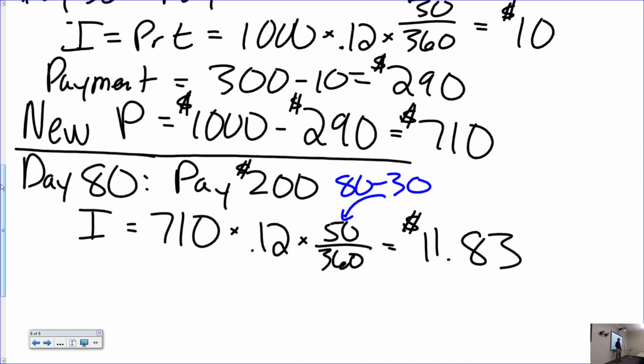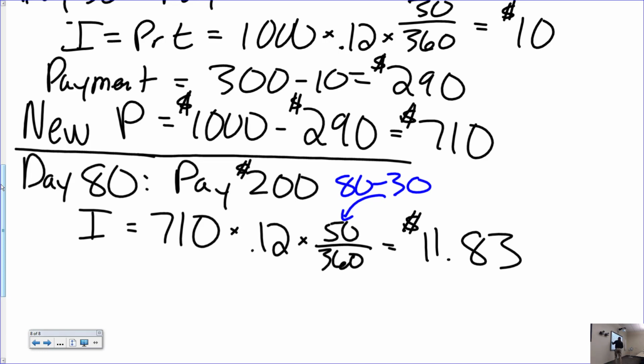Why is it $11.83? That's more. Because it's a longer amount of time. Okay, good. So when you see that there might be a little bit of a hiccup, first think about it a little bit and say, "Oh, this was for 30 days. This was for 50 days. That's a lot more days. It makes sense that even though technically we should be paying less, the number might be a little bit more."